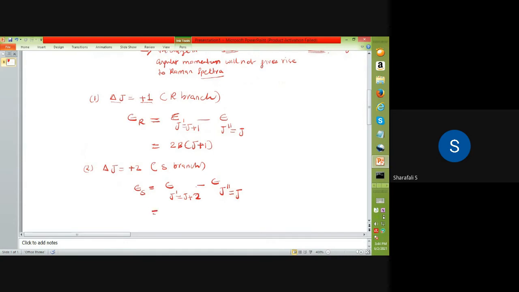Now you have to substitute all these values in the rotational energy equation, where we find the energy of those pure rotational Raman spectra.